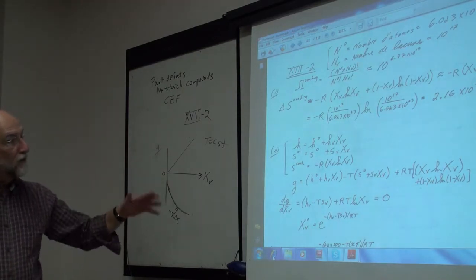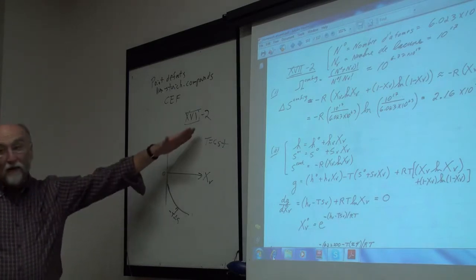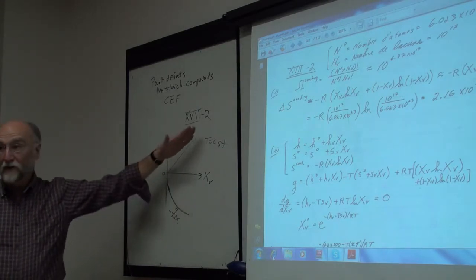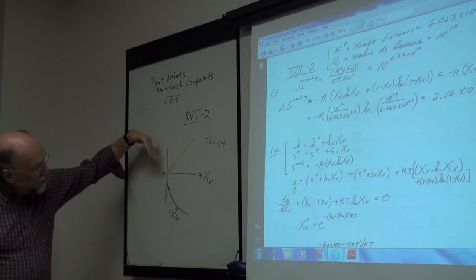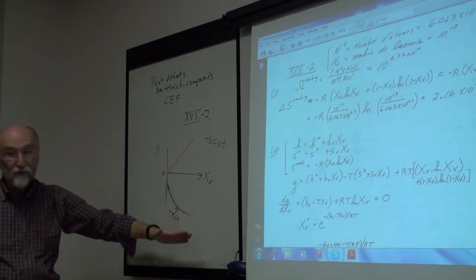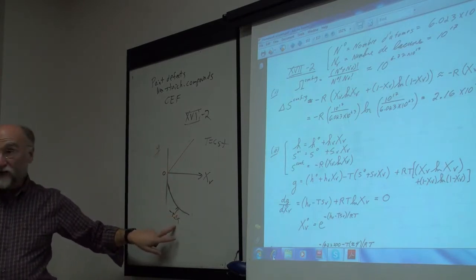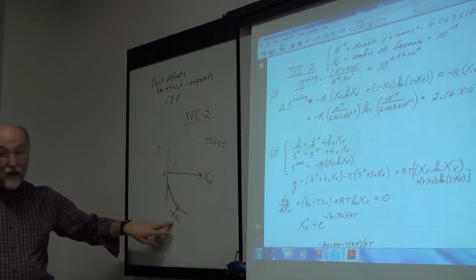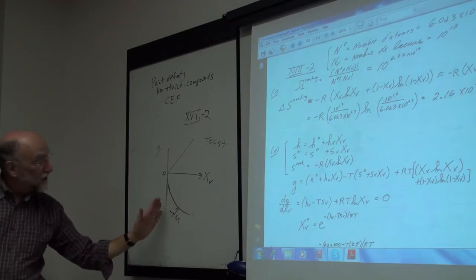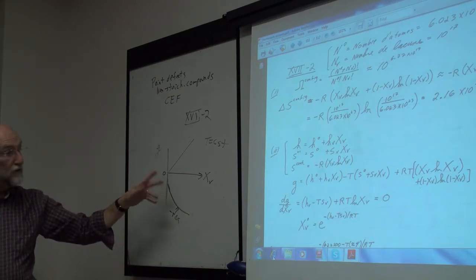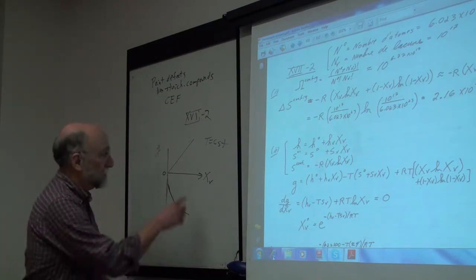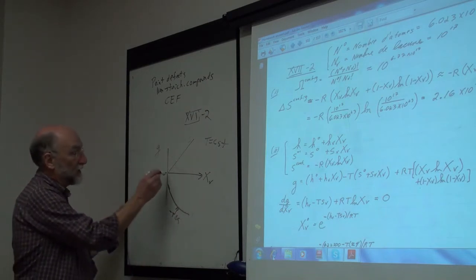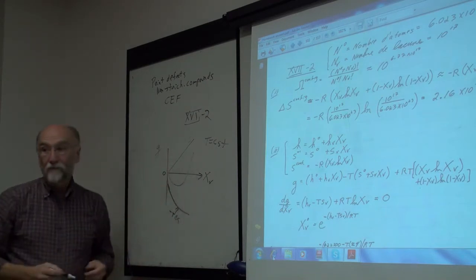So when you form vacancies, you're forming a positive enthalpy, which is linear, and the minus T delta S term is negative, because you're increasing the entropy of the solution. Minus T delta S is negative, the entropy is positive, but this comes in with an infinite slope. So the sum of the two will have this shape.